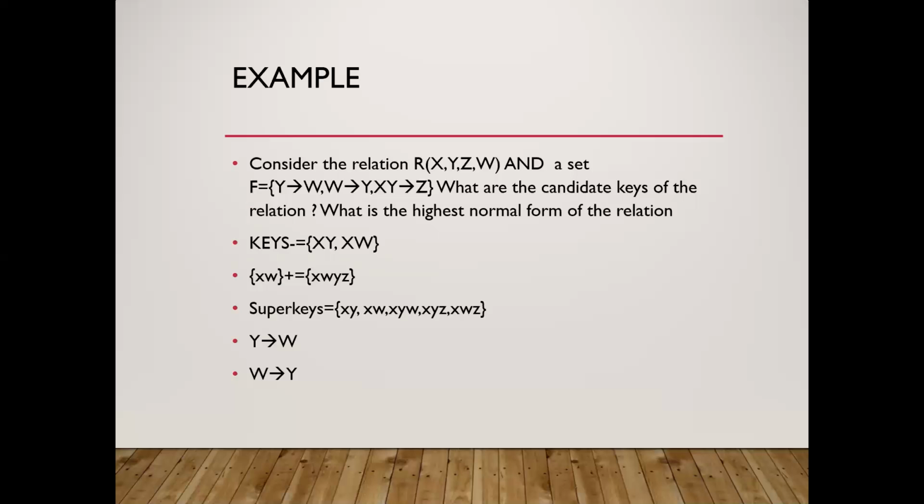Y to W, is it a partial or full dependency? XY and XW, what are the prime attributes? X, Y and W. The only non-prime attribute is Z. So Y to W and W to Y is a full dependency.